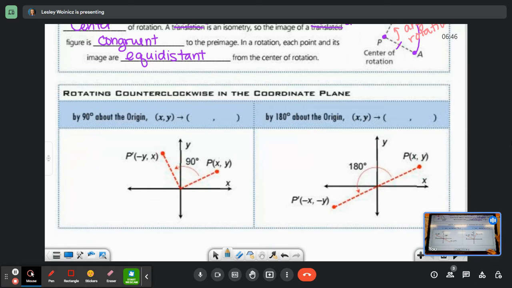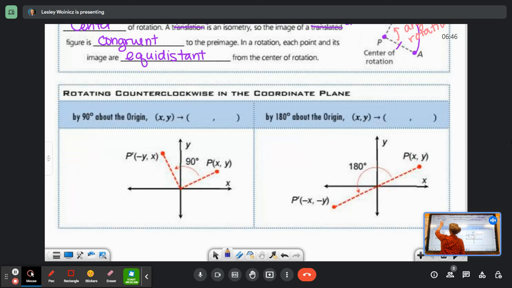When we rotate counterclockwise in the coordinate plane, it might be weird to you to say we're going to start with counterclockwise. In math, around the origin, counterclockwise is the positive direction. So to math people, it's not weird. That's like our jam.